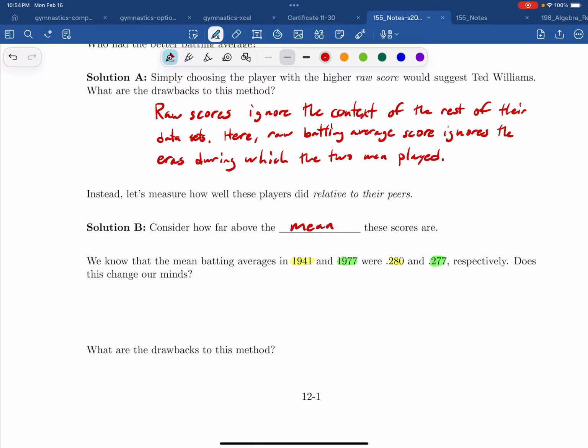I'll call this X_W for Williams, which is going to equal 406 minus 280, and that equals 126. The score for Rod Carew is going to be 388 minus 277, and that equals 111. So maybe they're a little bit closer, but it looks like Williams is still superior.